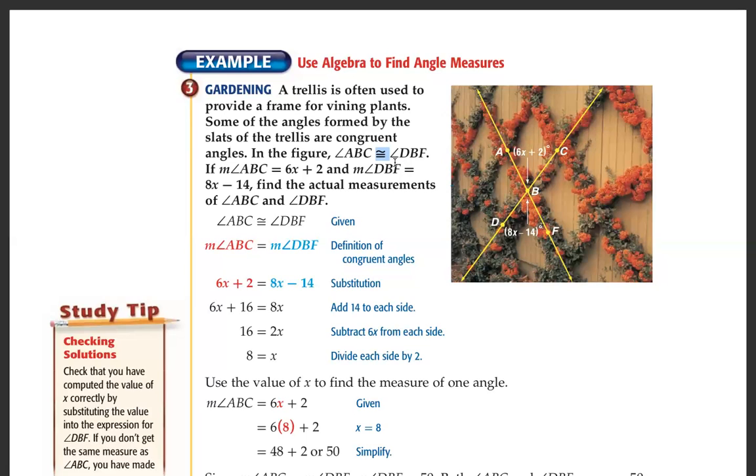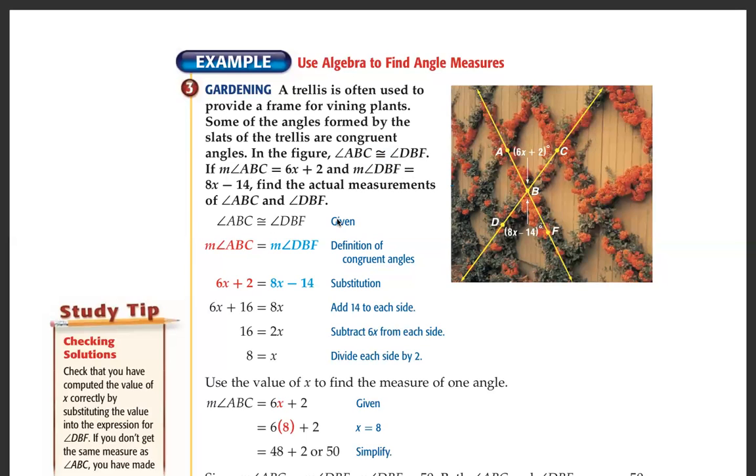Now, if you change congruent to an equal sign, take note, if there's already an equal sign, then you have to put this letter M before the angle symbol. We'll say measurement of angle DBF. You read it as measurement of angle DBF is equal to, like that, or measurement of angle ABC is equal to, like that.